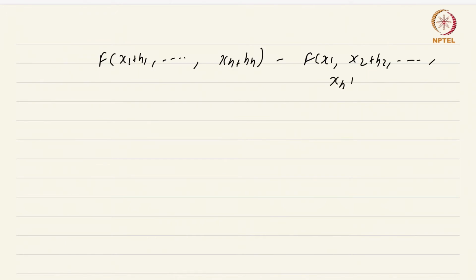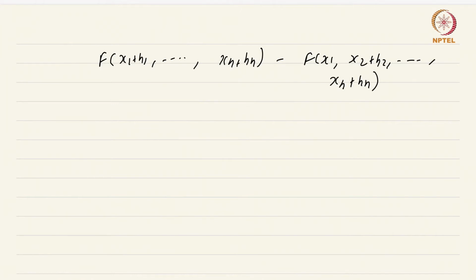So what you do is you write this as f of (x1 plus h1, ..., xn plus hn) minus f of (x1, x2 plus h2, dot dot dot, xn plus hn).